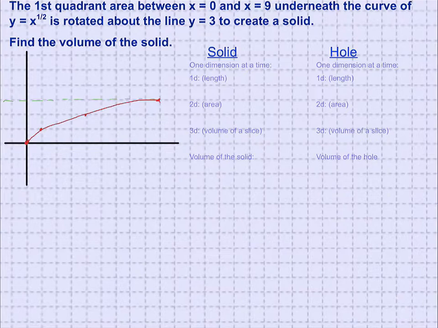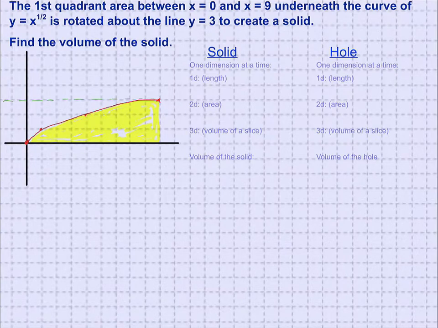But the first quadrant area between x equals 0 and x equals 9, underneath the curve y equals x to the 1/2. So we're talking about the area down here. Is rotated around. So this is the area that's going to be rotated around that green dotted line.